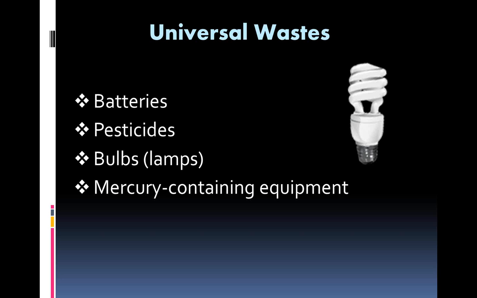The reason that we have universal waste regulations is to streamline hazardous waste. Basically all of these things are hazardous wastes, but they're so widely generated that they're considered universal wastes and have a separate regulation just so that they can be dealt with more easily.